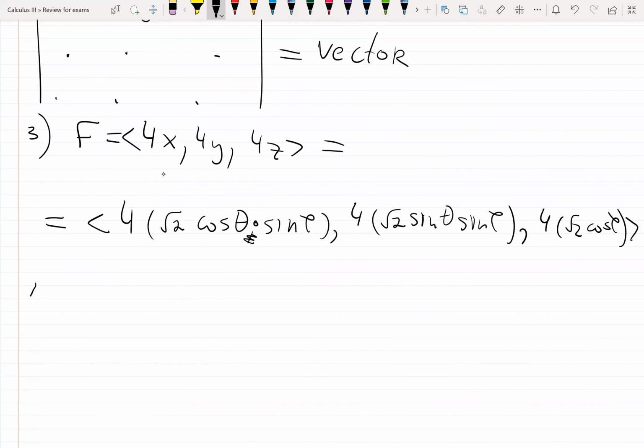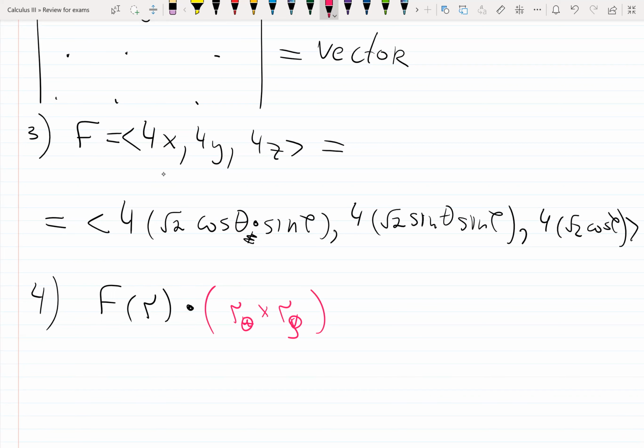Because in step 4, you need to find a dot product of this vector we just built, the one that depends on R, times the result of step 2, the cross product of partial derivatives with respect to theta and with respect to rho.